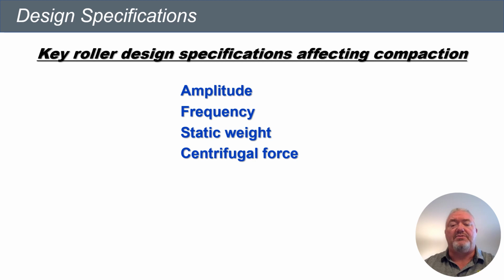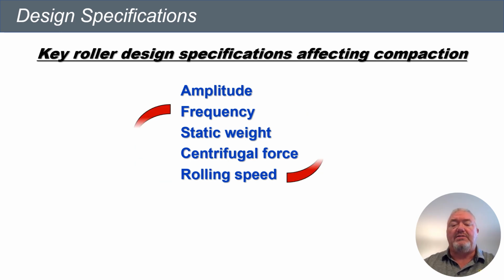We'll talk about centrifugal force, and probably the biggest misconception is that everybody thinks the higher the centrifugal force, the better compaction I'm going to get. That is not true. It's understanding how to control that centrifugal force for what kind of compaction you want to achieve.